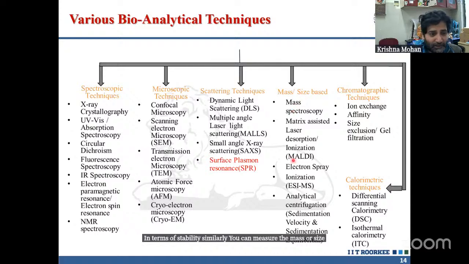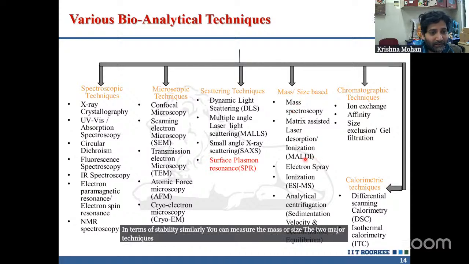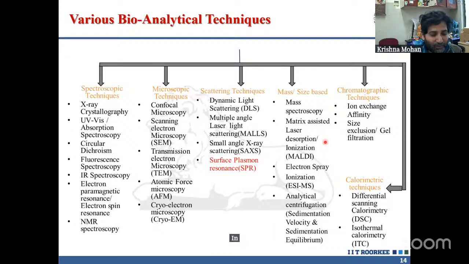Similarly, you can measure mass or size. The two major techniques you use for mass and size are mass spectroscopy, and under mass spectroscopy, essentially people use two different things. You can use it on the basis of gas, GCMS, gas chromatography based MS, or liquid chromatography based.